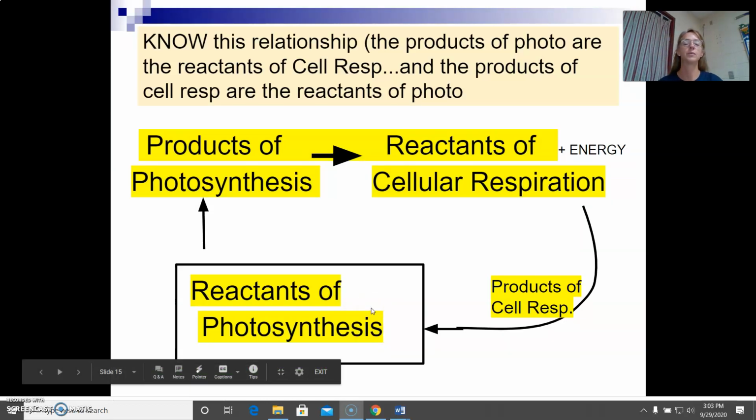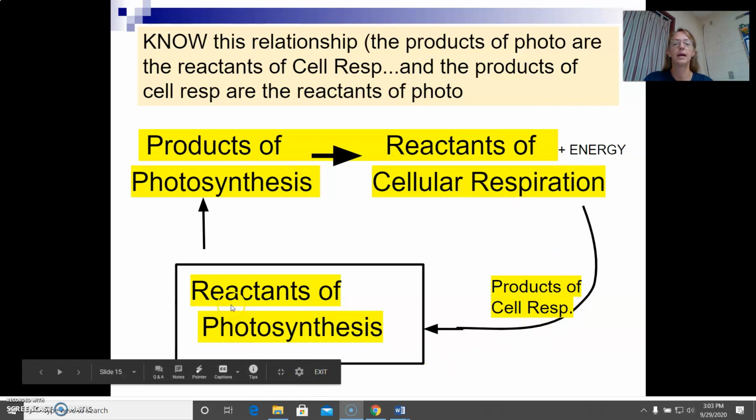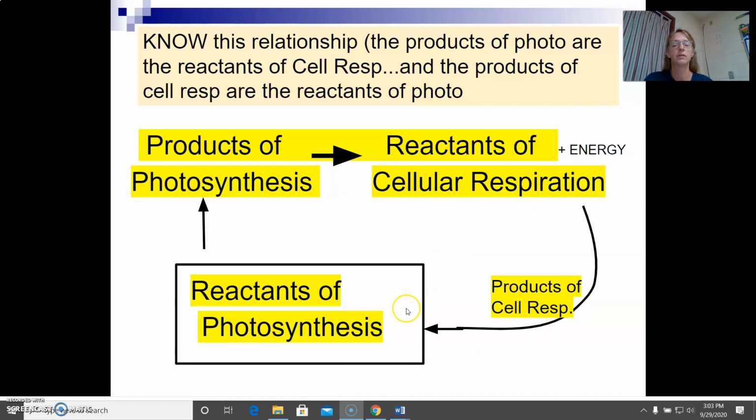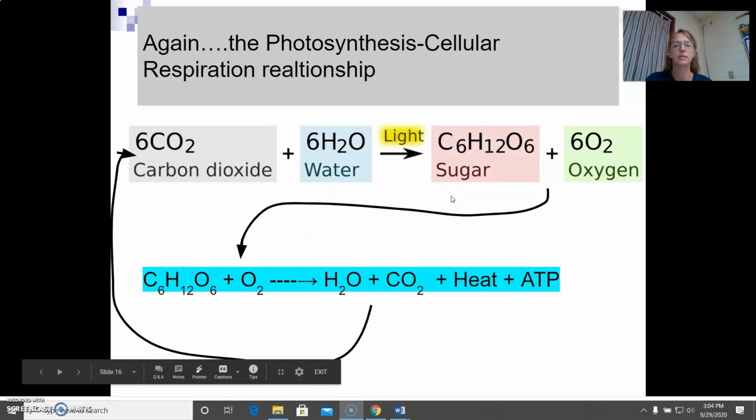Here's another way to look at this relationship, the whole point of the slides. We do photosynthesis. The stuff that's produced become the reactants of cellular respiration. Cellular respiration makes products which become the reactants of photosynthesis. So this cycle is a huge homeostasis system inside a plant because plants do photosynthesis and cellular respiration.